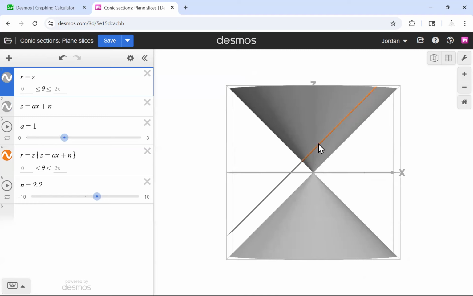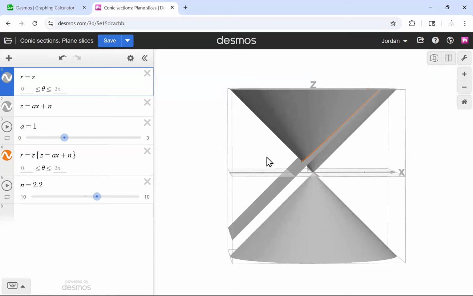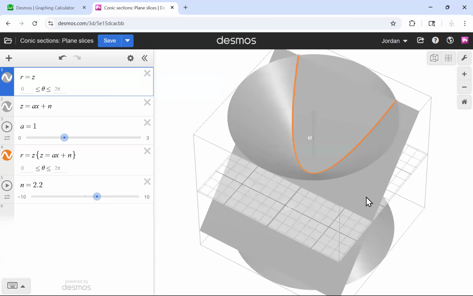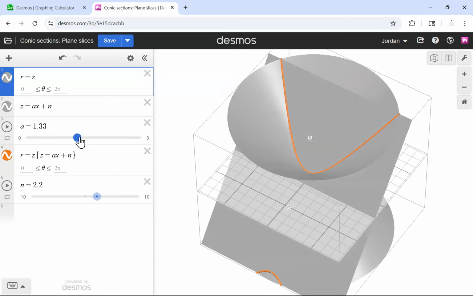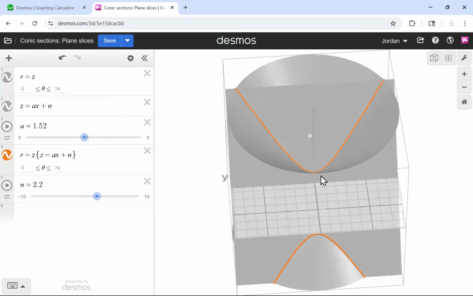So the slope of the plane is matching the slope of the side of the three-dimensional cone. That's where we get a parabola. And then as that slope gets higher, all of a sudden we end up with a hyperbola.